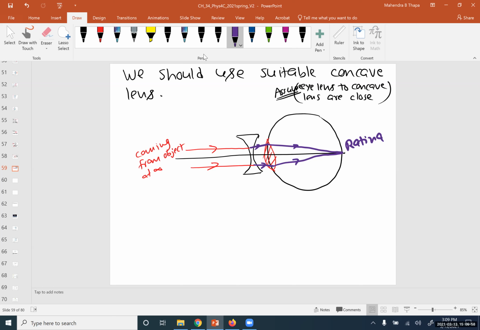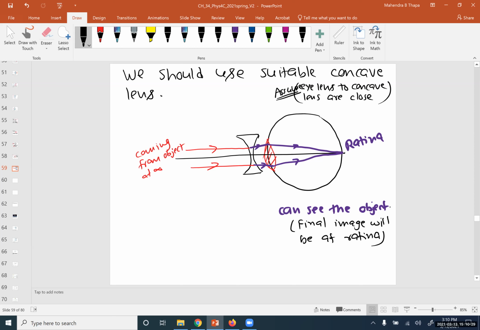So we can see the object at the retina. This means the final image will be at the retina.